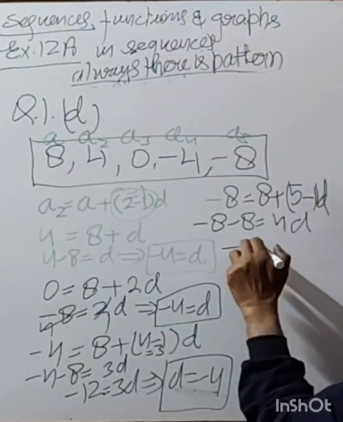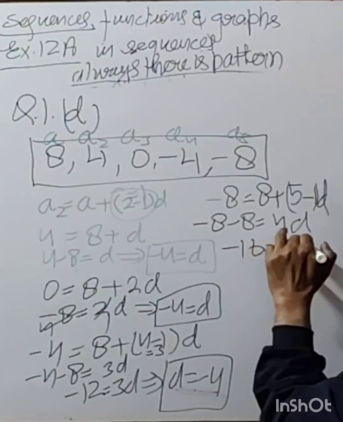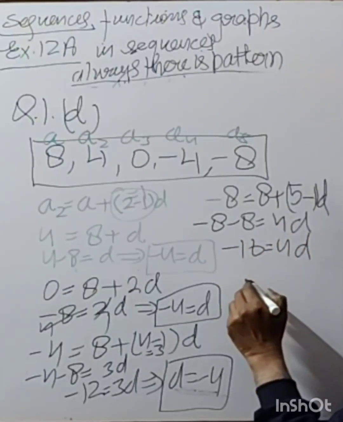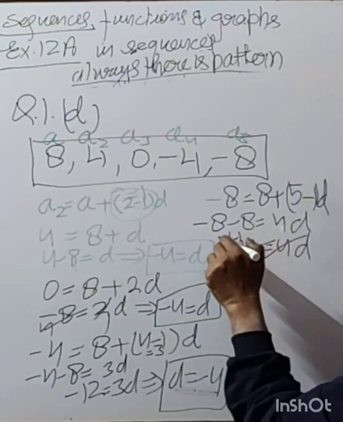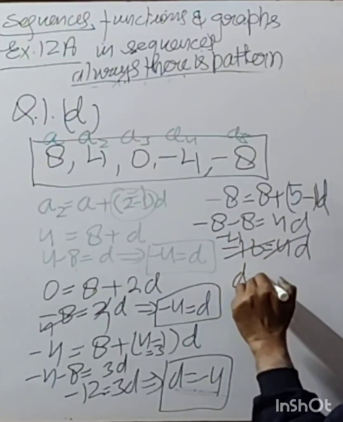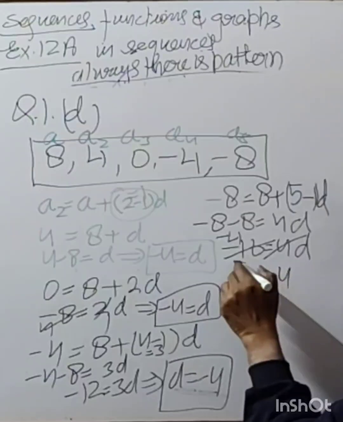So minus 16 is equal to 4D. So 4 times 4 becomes 16. So it is minus 4. So D is equal to minus 4. Right?